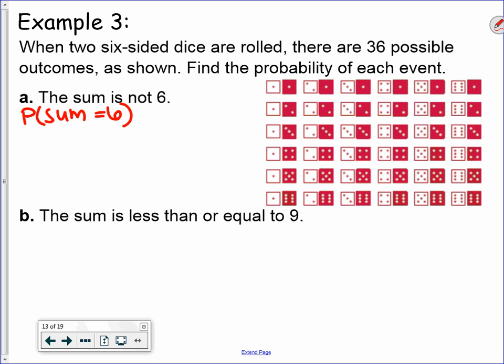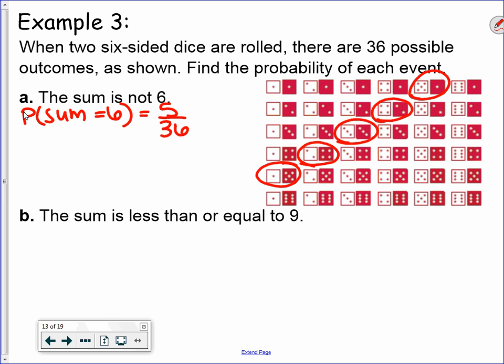So let's count up all the ones where the sum is 6. So when we look at this, we've got 1 and 5, 2 and 4, 3 and 3, 4 and 2, and 5 and 1. So all of these give us a sum of 6, and there are 1, 2, 3, 4, 5 possible outcomes. So that means that's 5 out of 36.